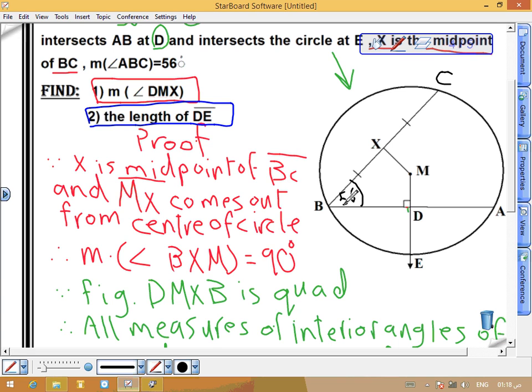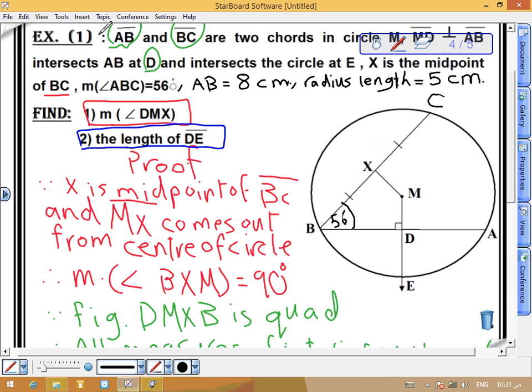We notice that the length of AB equals 8 centimeters, and since MD is perpendicular to AB like here, D must be the midpoint of AB.